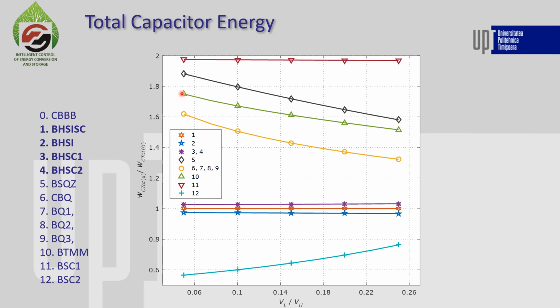And then we have the triangular multi-level converter, which is here, followed by the switched quasi-Z source converter. And finally we have the first bidirectional switched capacitor converter with the highest requirement for capacitor energy, also without taking into account the high current spikes which appear for this converter.